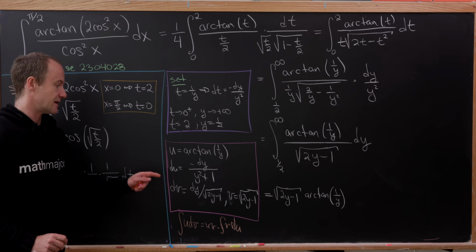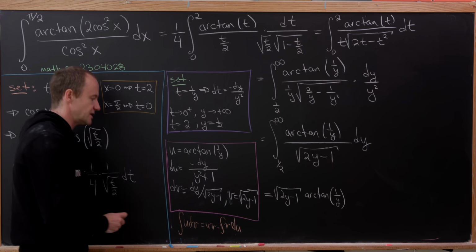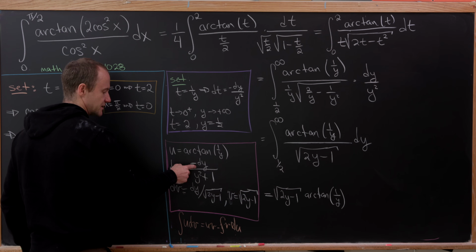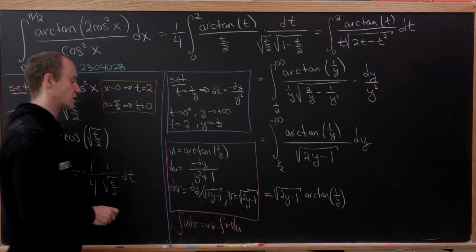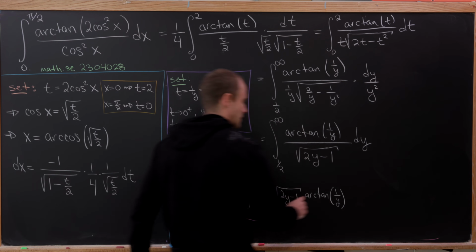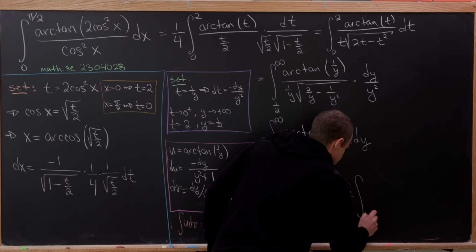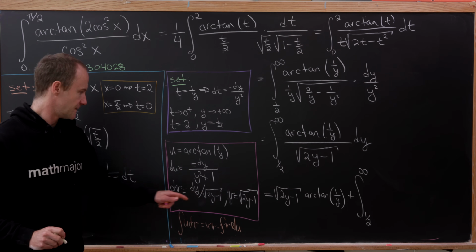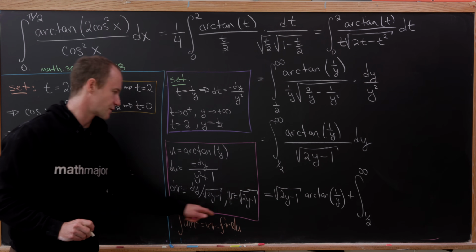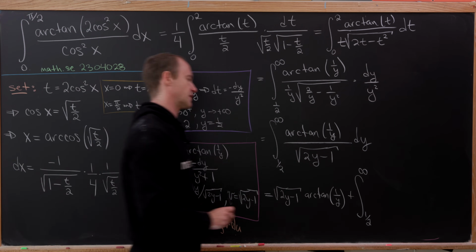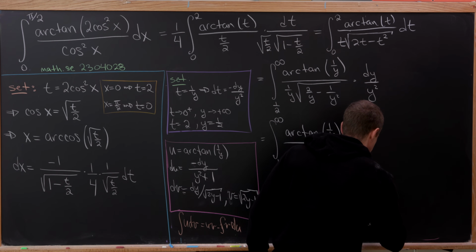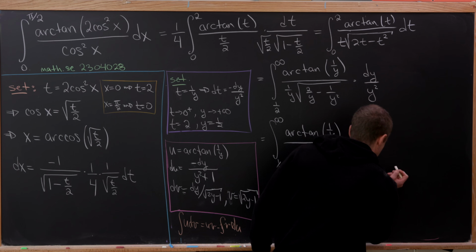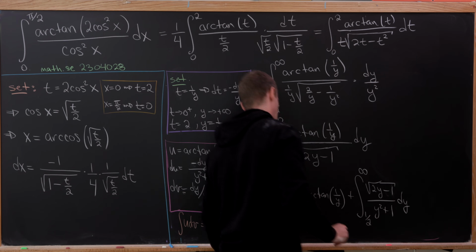And then minus the integral of v du. But notice we've got a minus sign built into this du component, so those will cancel, leaving us with plus the integral from 1/2 up to infinity of our v du, which will be the square root of 2y minus 1 over y squared plus 1, dy.